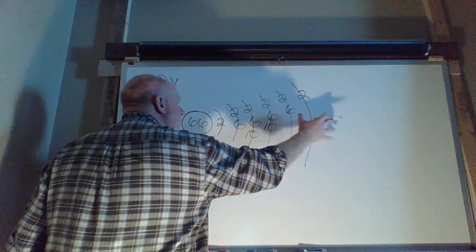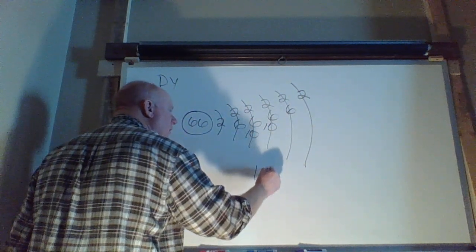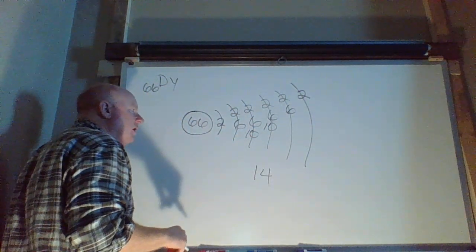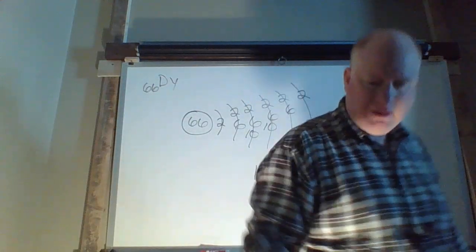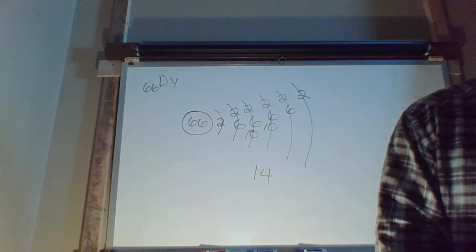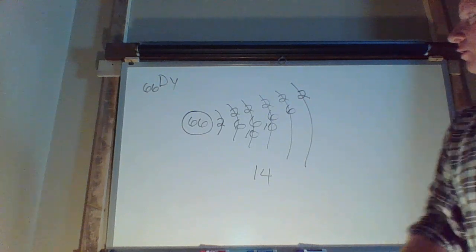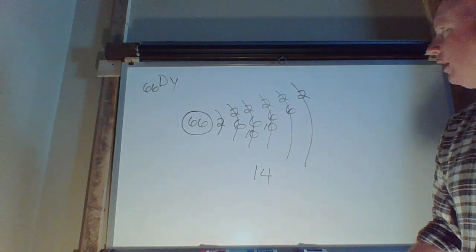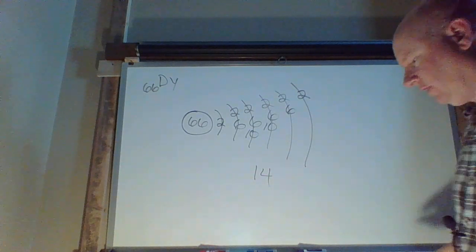Then we have to go all the way back down to the 4th energy level, and this can hold 14. But we want to look at what column Dy is in, and that will tell us how many of those we're going to put in there. I'm just looking at this. I think we're all right. So we can make a prediction here.